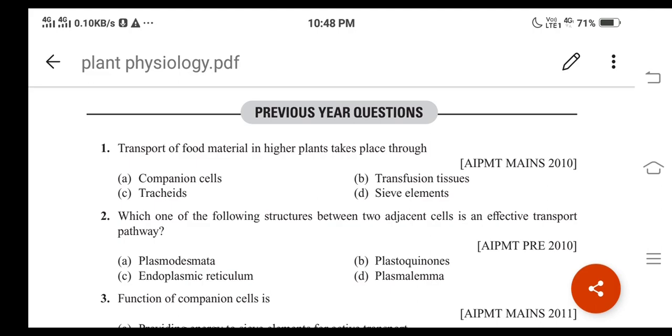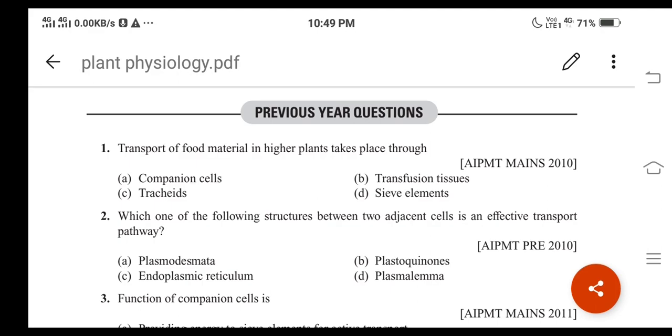The answer is plasmodesmata only. Plasmodesmata are cytoplasmic strands present between two adjacent cells, through which materials move from one cell to another.